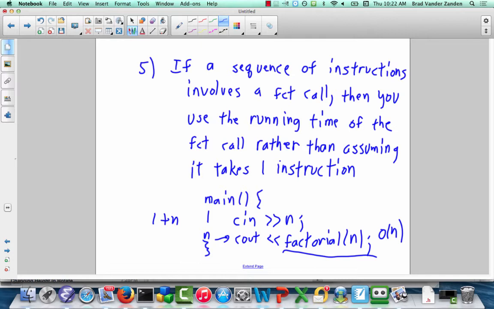Now, we often assume that things like a read or a print take a single instruction. What we're really saying is we know they take a constant amount of time to execute, and as long as it's constant, we're good. It's not a function of the size of the input.